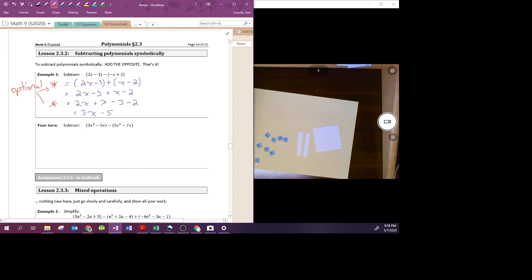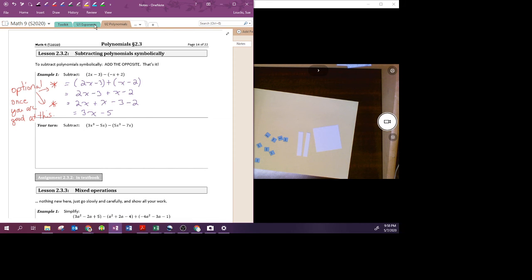Okay, that one and that one are optional once you are good at this, and when the question is small. When the questions get really big and hairy, it's not worth skipping those steps.